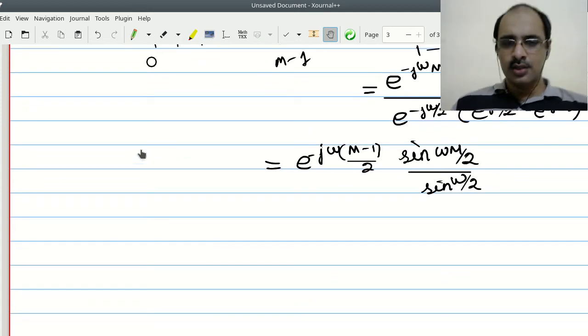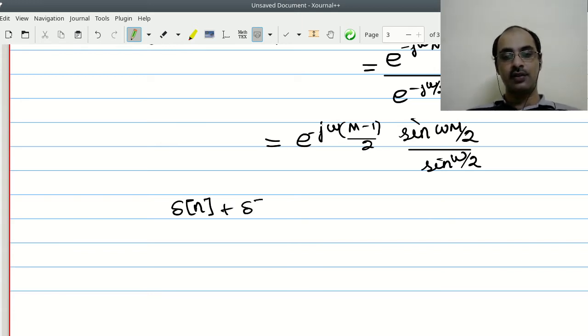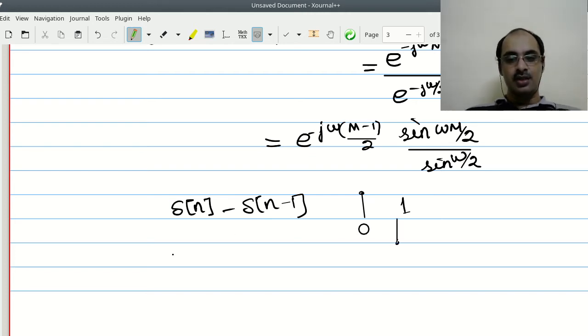Okay. Let's do a couple more. Let's look at another simple sequence. Let's say we have delta of n minus delta of n minus 1. This is just the sequence 1, minus 1. For this, if you find the DTFT, it will be 1 minus e power minus j omega.